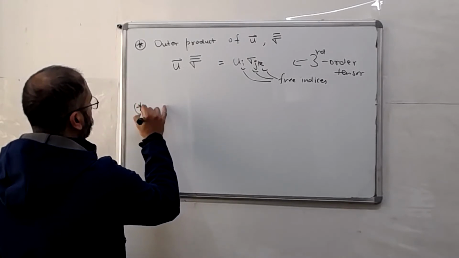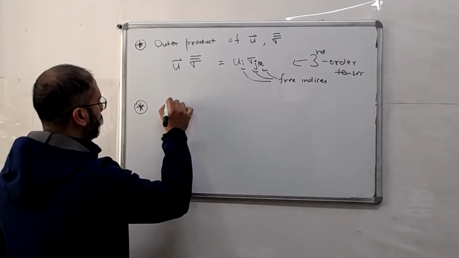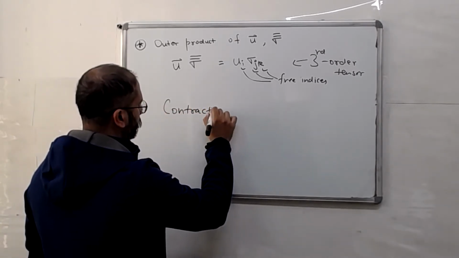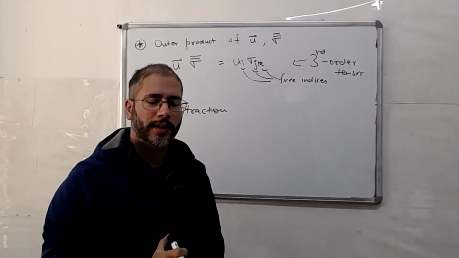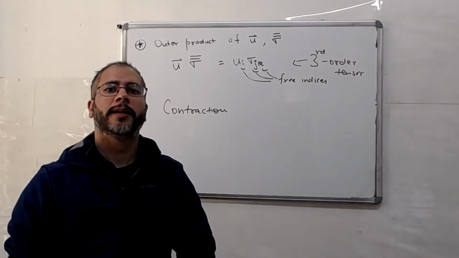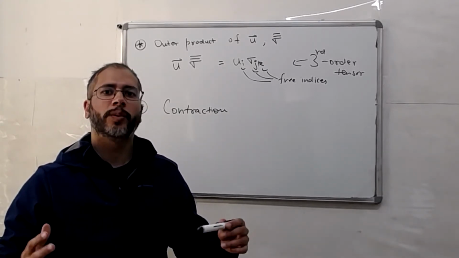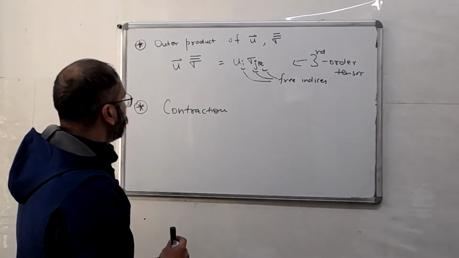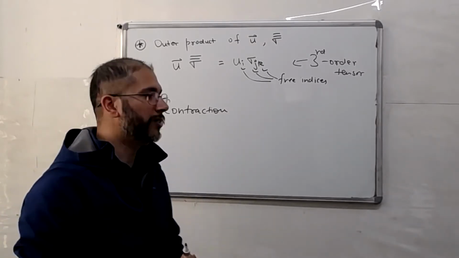The next idea, the fourth idea in today's lecture, is called contraction. These ideas are slightly related, but I'm discussing them as separate sections so that you can understand them separately, and then we'll apply them all together in indicial notation. Contraction. Okay. So let's understand what this means.